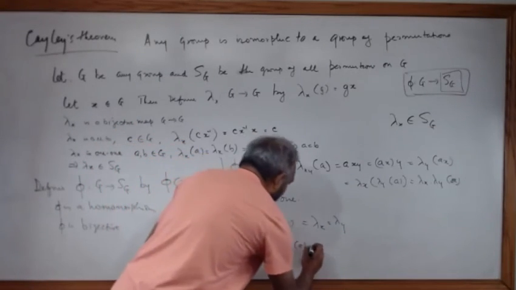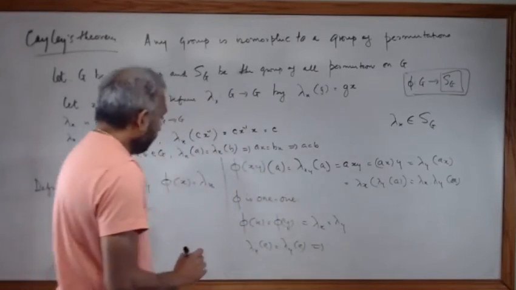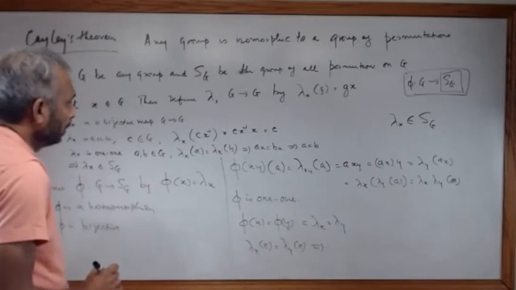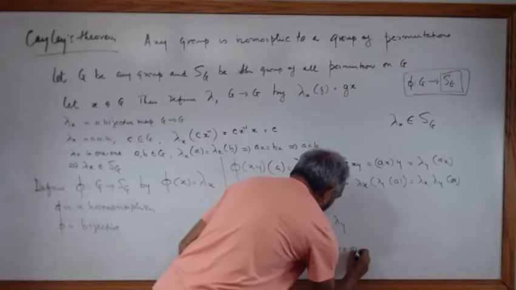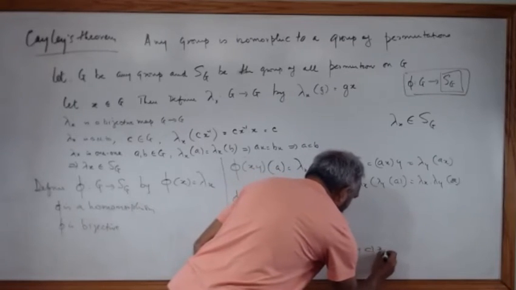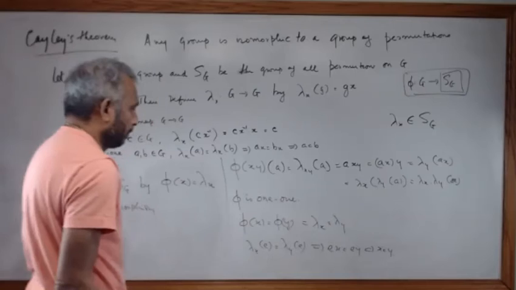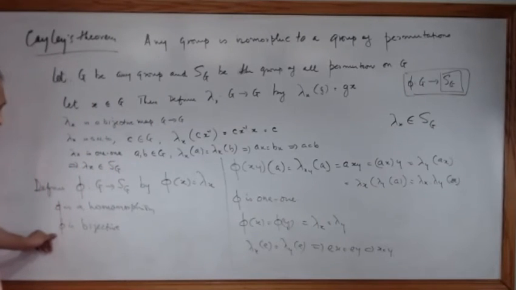So this is actually ex equal to ey, and that implies x equals y. So that means phi is one-to-one.